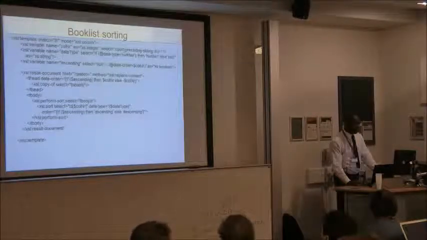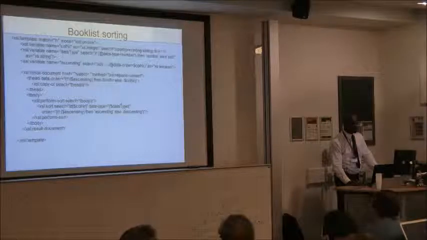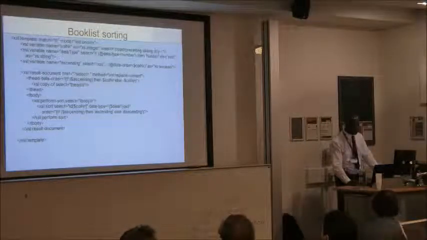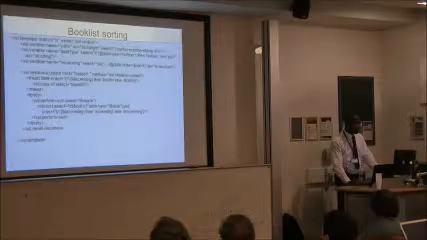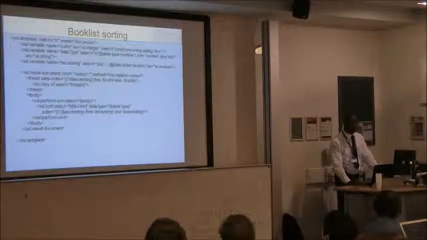I'm not going to go into the detail here, but the key thing is we pick where we clicked, it does the sorting, and then we output that using result-document.